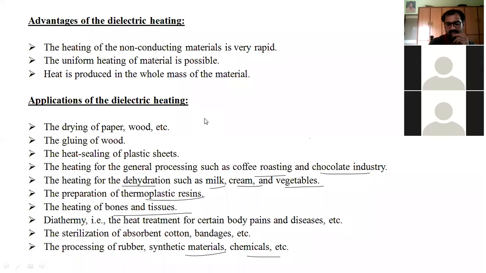The eddy currents themselves produce the heat energy, and from that heat energy you are going to heat up your charge. This is the process considered while employing the coreless method. There we have considered the shape of the container. We can use the U shape, and we can change it a bit.